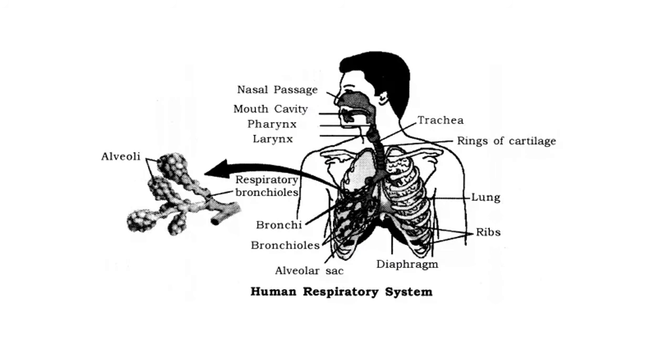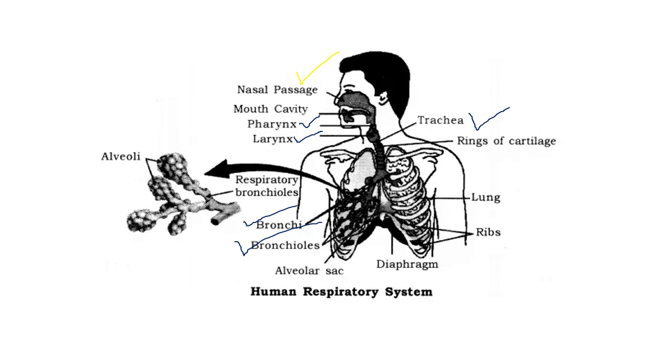So here also you can see, the first one is the nasal passage. Then the second one is the pharynx, then larynx. Then trachea. You can see over there. After that it contains the bronchi, then bronchioles.